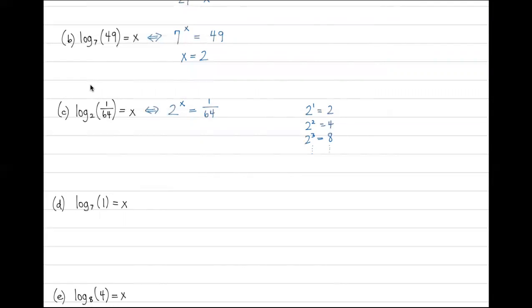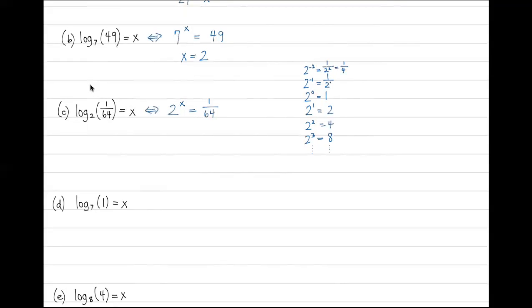It has to be 1 over 64. So 2 to the power of 0 is 1. Anything to the power of 0 is 1. 2 to the power of minus 1 is 1 over 2 to the positive 1, right? And so 1/2, that's starting to look like we're moving in the right direction. So 2 to the power of minus 2 is 1 over 2 squared, which is 1 over 4.